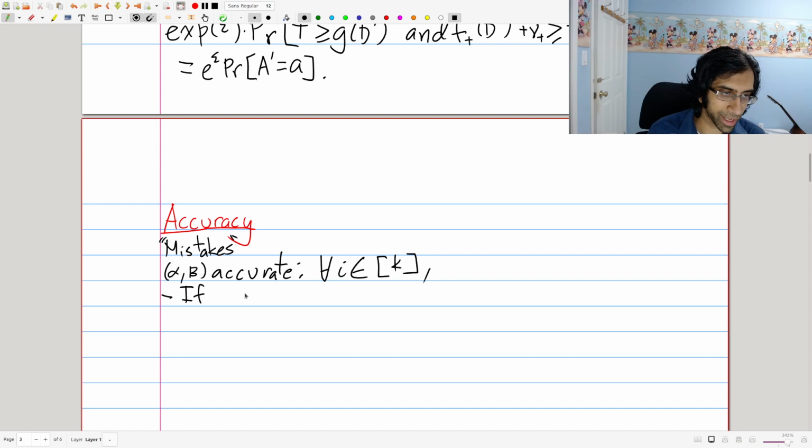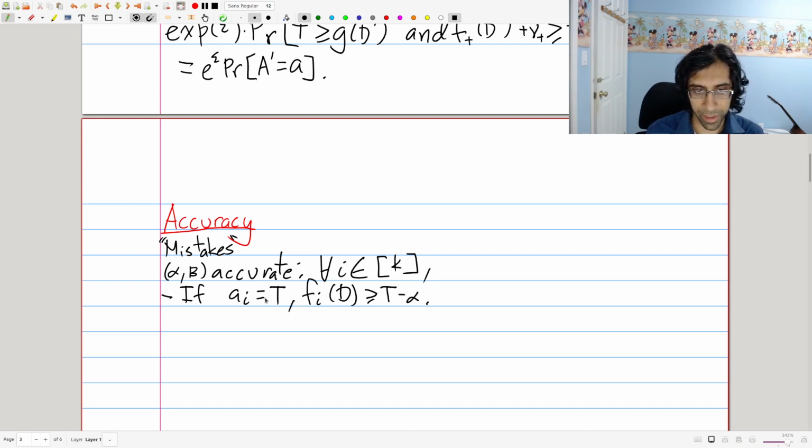If the algorithm outputs top, which means it's a big query, then f i on d is at least t minus alpha. So it's not necessarily greater than t, but it's greater than t with a little bit of slack.